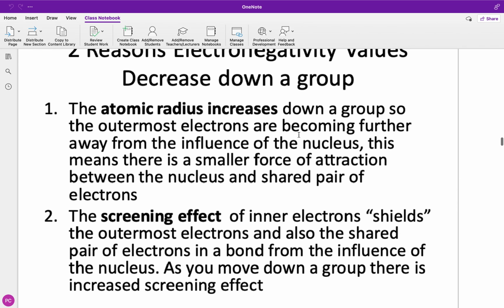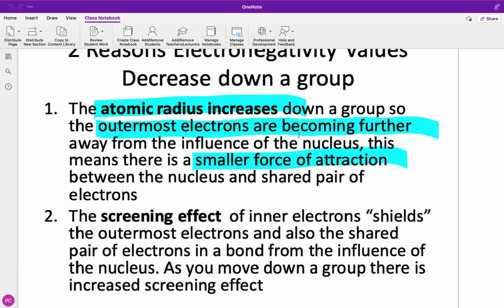Okay. Why? Kind of the same reasons as the atomic radius. So the electronegativity decreases down a group because the atomic radius is increasing. So the outside electrons are becoming further away from the nucleus. There's a smaller force of attraction between the nucleus and the electrons.